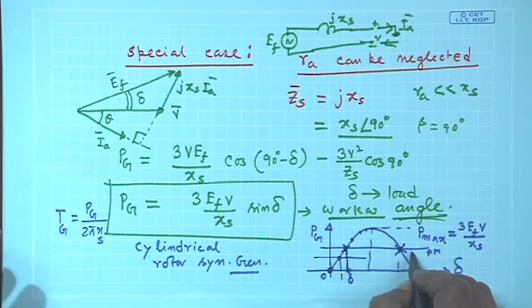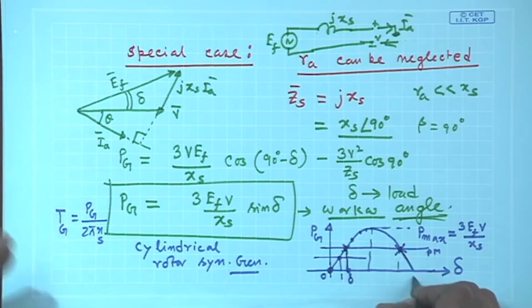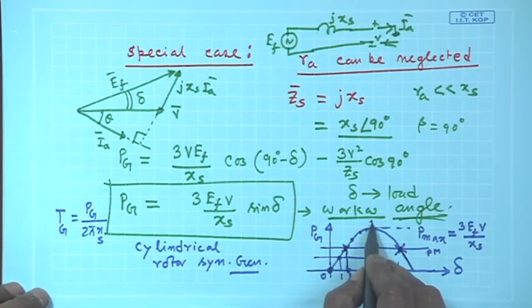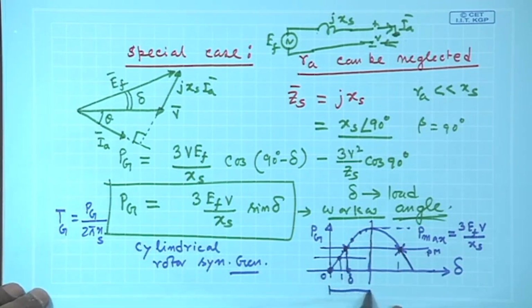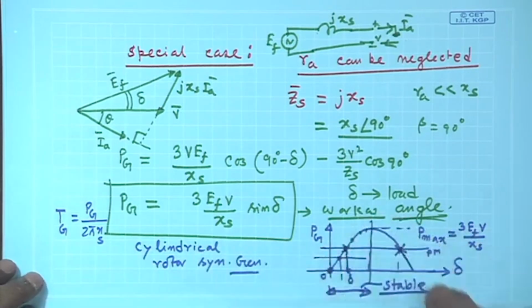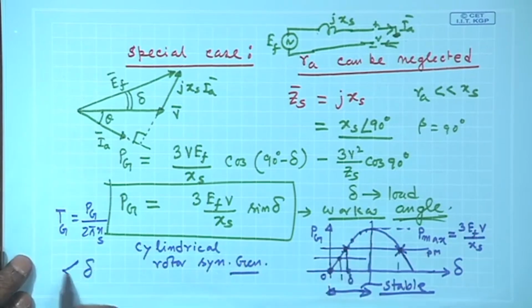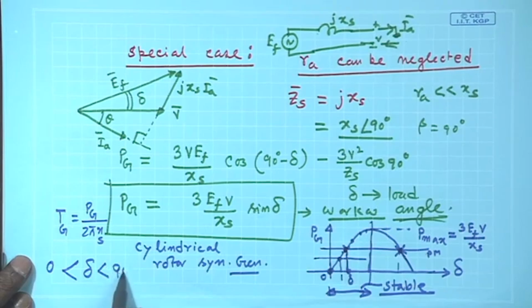You will see the torque will decelerate the motor just like that, and it will come to a stop. So, up to delta equal to 90 degree, this is the stable operating point. Like the induction motor I explained, it can also be explained in this way. So, the P delta curve is the most important curve of a synchronous machine. Neglecting R A, it becomes much simpler like this, and delta generally varies between 0 to 90 degree.